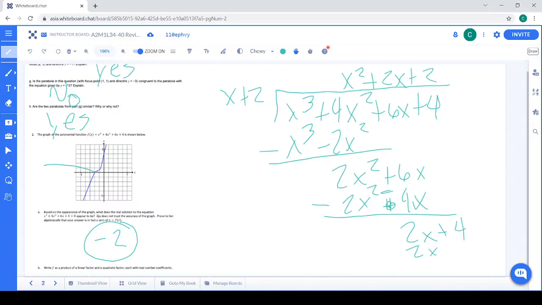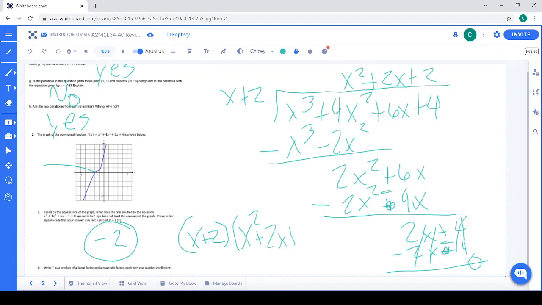And those are going to cancel everything because when I negate it all, that equals zero. Okay, so that's going to leave me with an x plus 2 linear factor and a quadratic factor of this. Okay, quadratic because it's squared, linear because we would write that as x equals a negative 2.